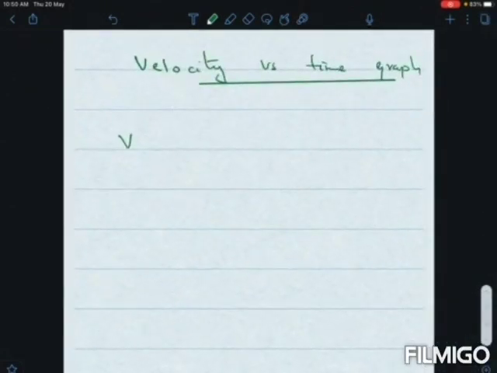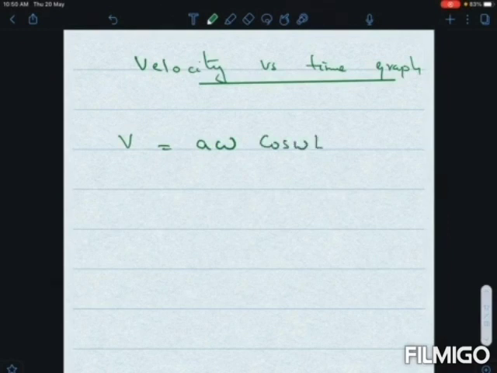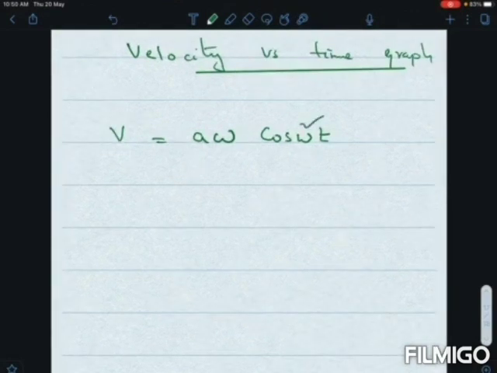So V is equal to a omega cos omega t. So let's substitute for omega here, so that we can write the cos values.